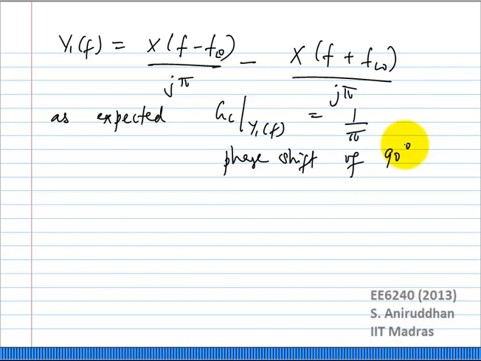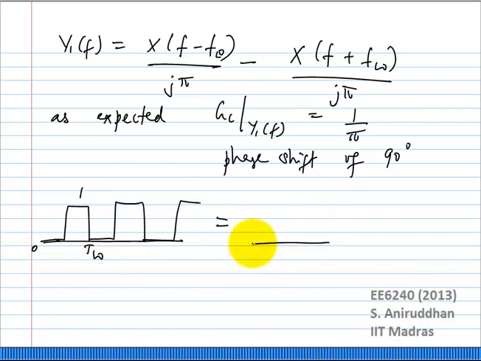If you look at it in the frequency domain, what we are saying is we are taking the square wave and writing it as a single pulse from 0 to T LO by 2 convolved with a pulse train.